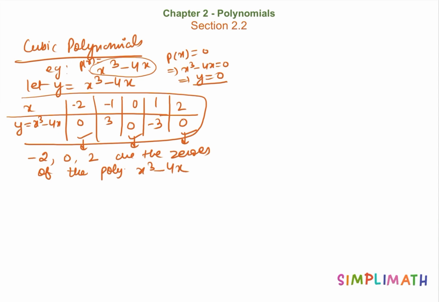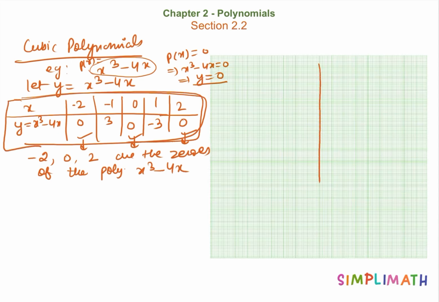Now let us plot the graph from this table. Let us make this as the y-axis, and let us consider this as our x-axis. Now when x equals minus 2, y equals 0. So this is one point. When x equals minus 1, y equals 3.